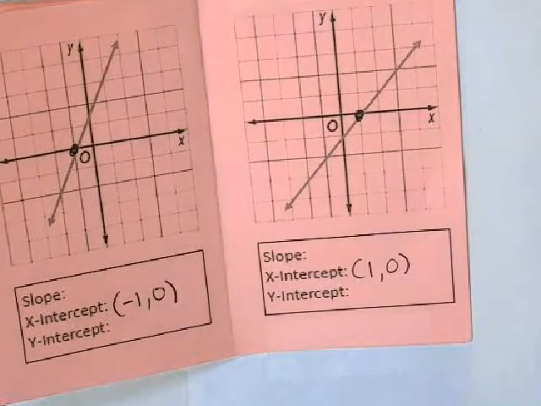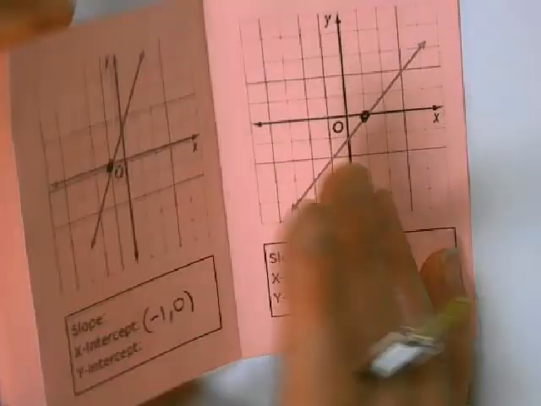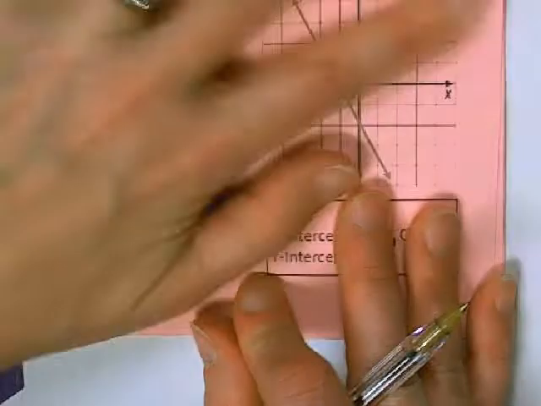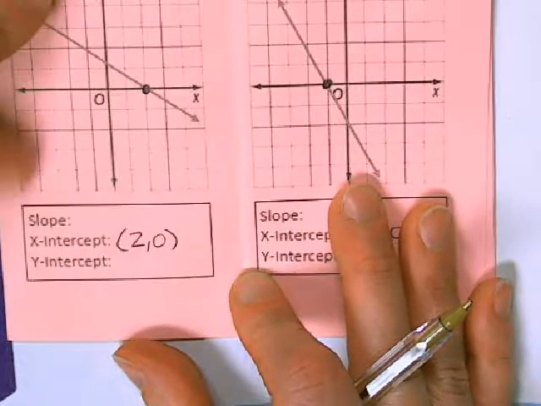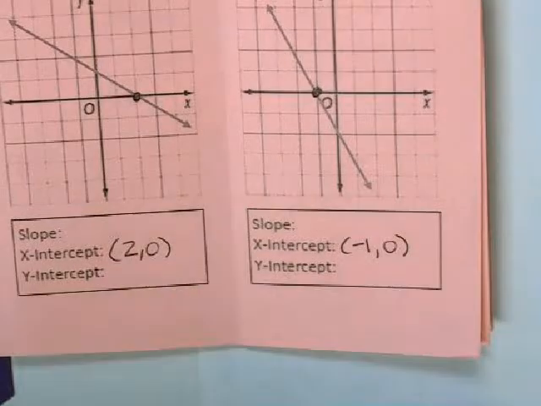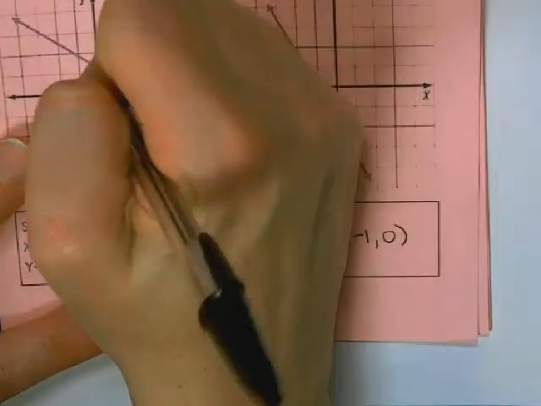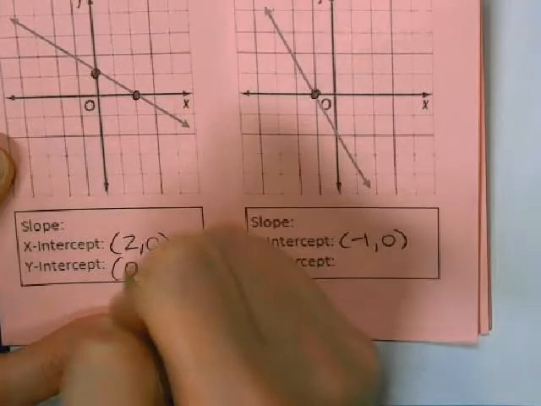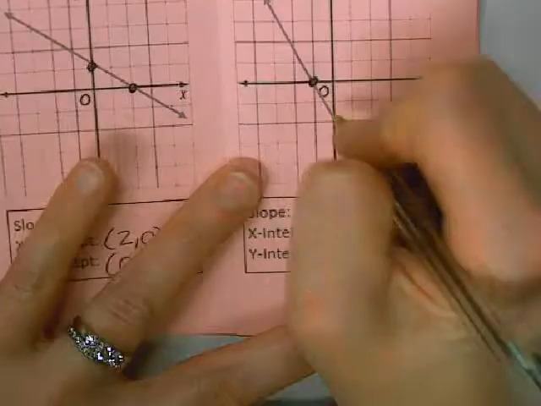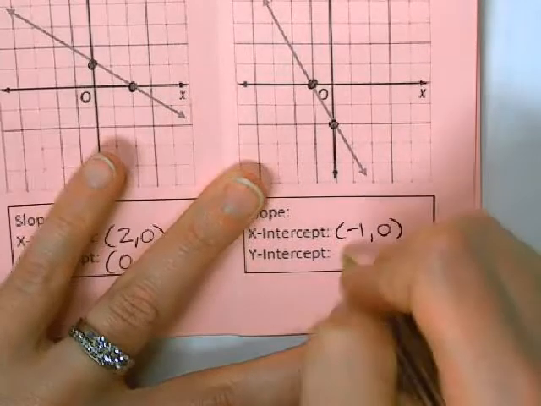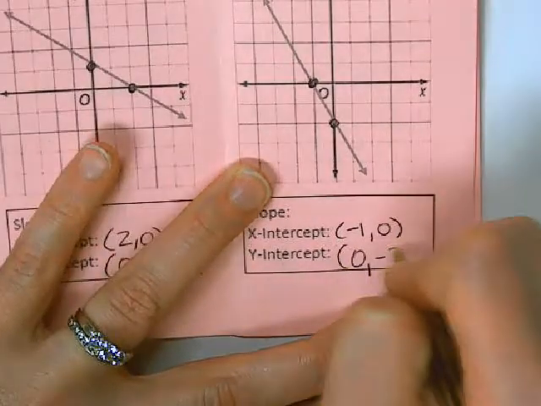So x-intercept, where does it touch the x-axis? Super duper easy. Now let's go back, let's do y-intercept, same way. But this time it's going to be 0 first because it's when x is 0. So this one touches the y-axis at 1, so it's 0, 1. This one touches the y-axis at -2, so it's 0, -2.